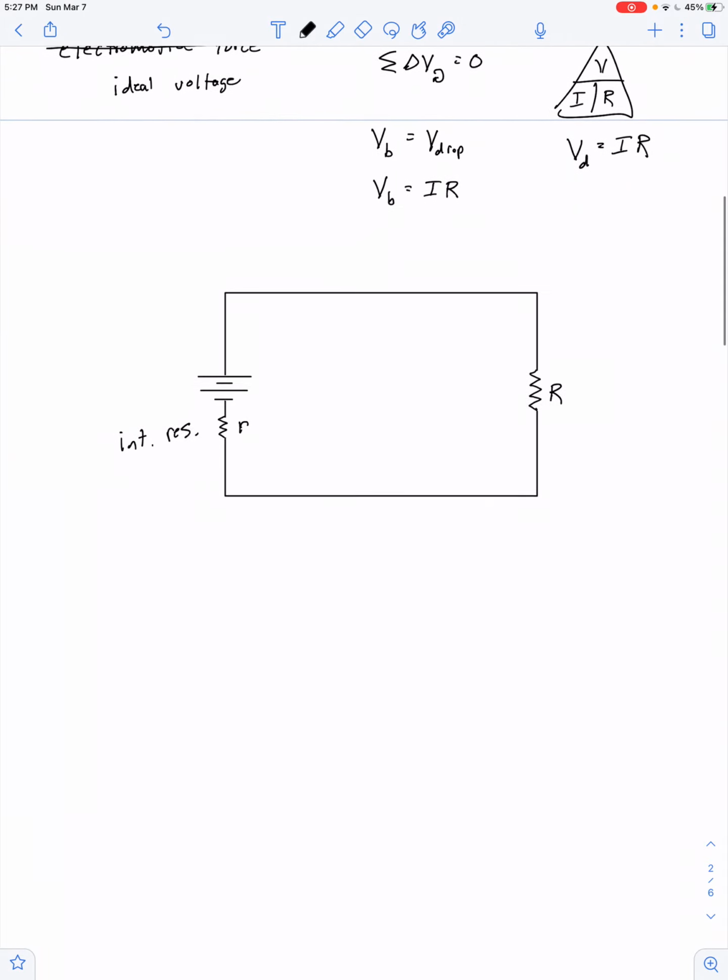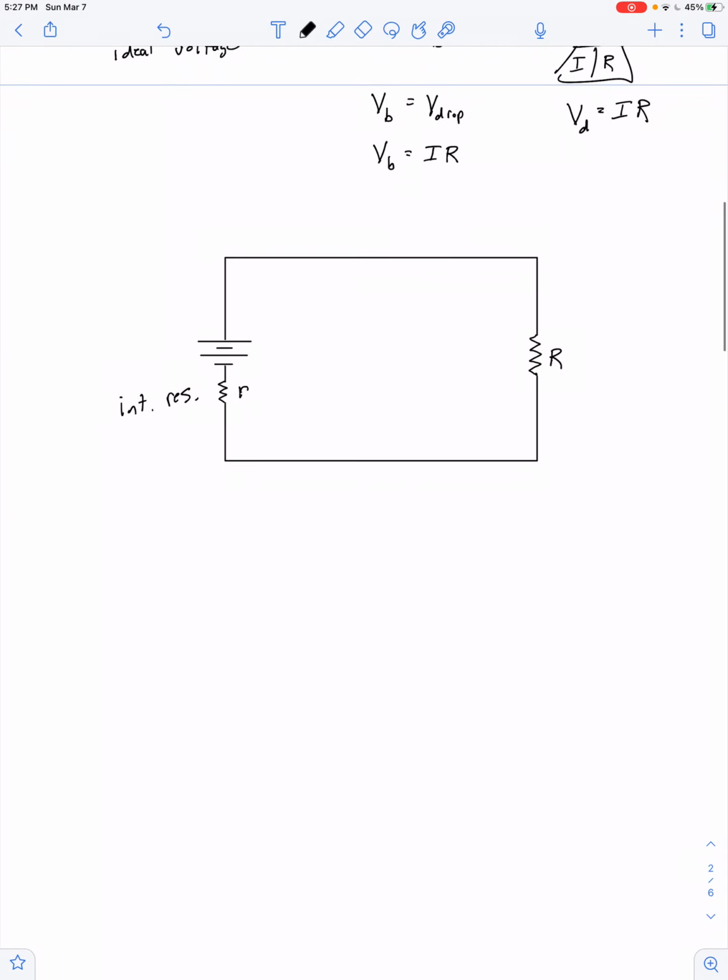Of course, ideal voltages are something like massless strings or frictionless surfaces or free lunches. They simply don't exist. So think of the battery like this.